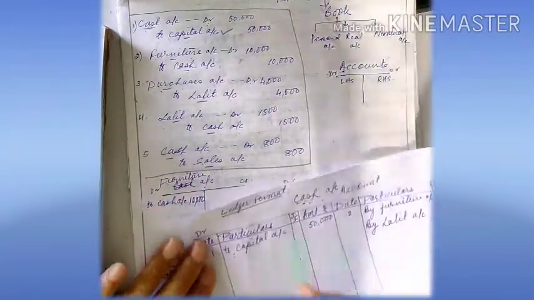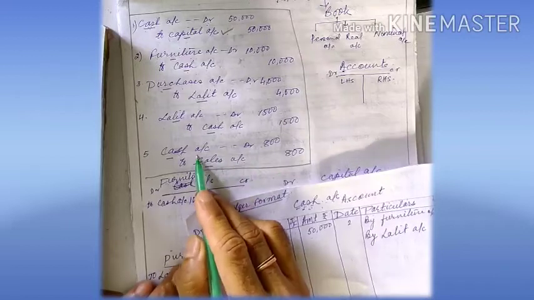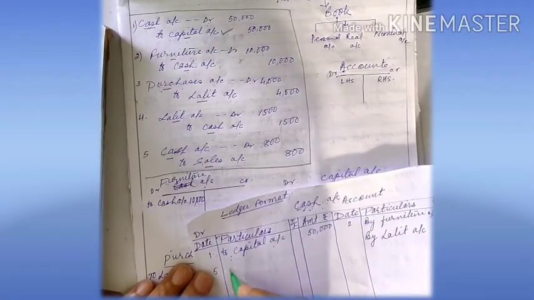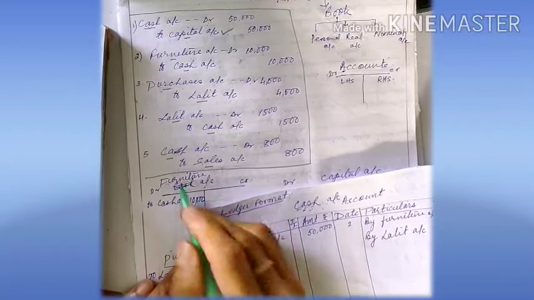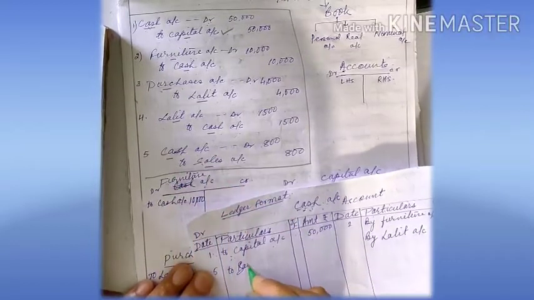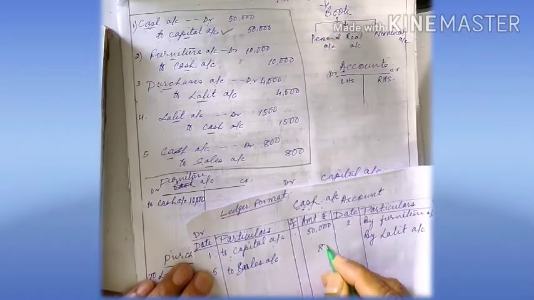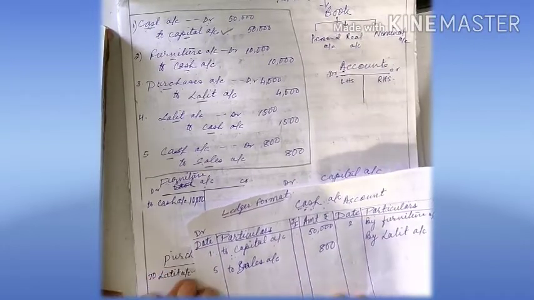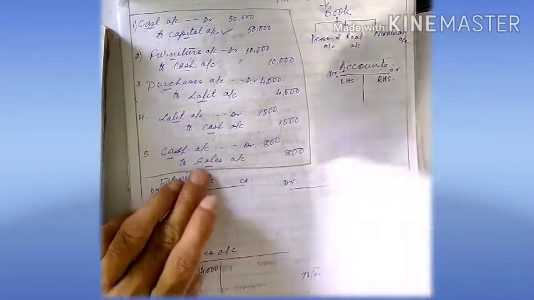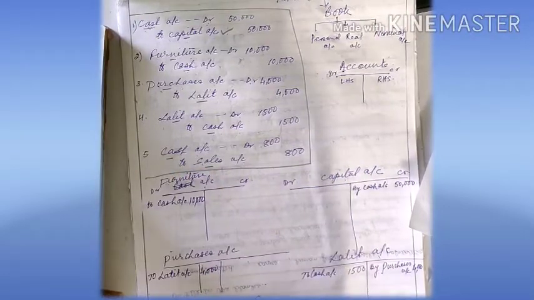So again cash account is debit here. So let's come to the debit side here, to cash account, so to sales account, that is 800. Now you need one more account, that is sales account. So let's make another account here.